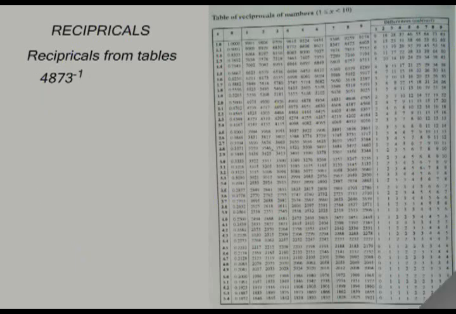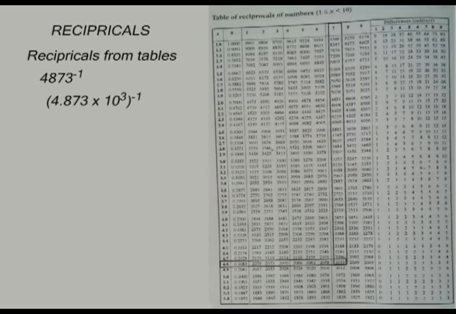How about the reciprocal of 4,873? We make it in standard form. That becomes 4.873 times 10 raised to power 3. 4.8 is here, coincides with 7 here. The number here is 0.2053.